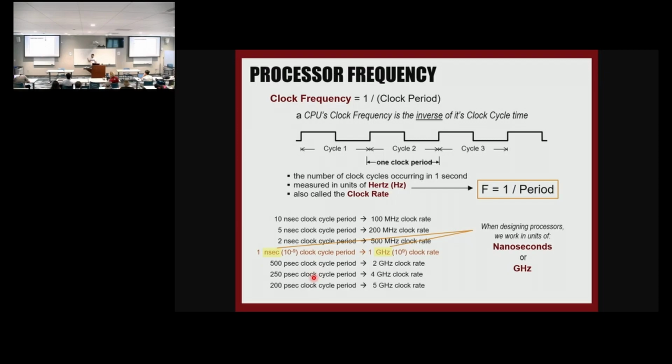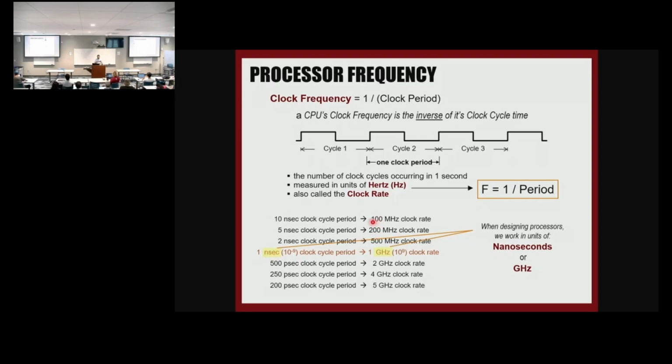It means that you're going to have 10 to the 9 clock cycles in 1 second. So that's the concept of clock frequency: how many clock cycles you're going to have in 1 second. And the clock period is 10 to the negative 9, just 1 nanosecond.